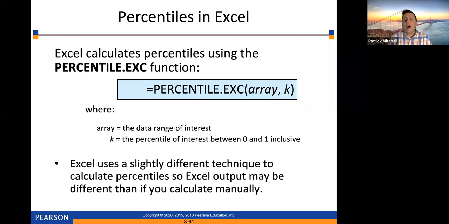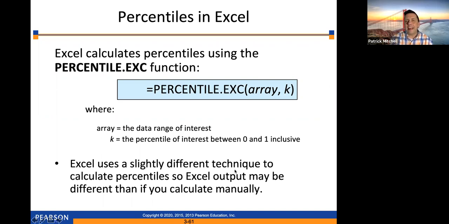Now, I want to caution you very strongly, all right? Different books have different ways of calculating percentiles, and unfortunately, sometimes they give different answers, and that goes for Excel. I don't know exactly what formula Excel uses to calculate percentiles, but you see this note here.